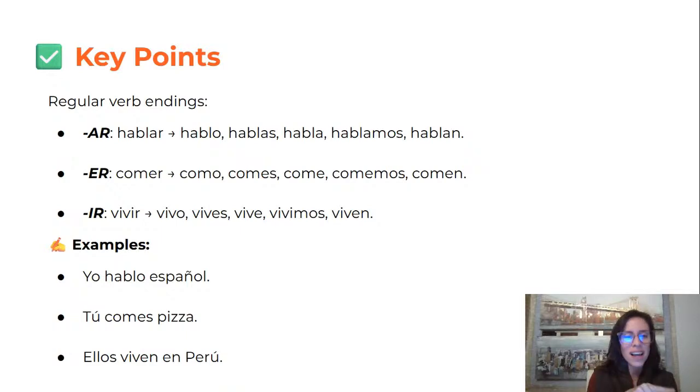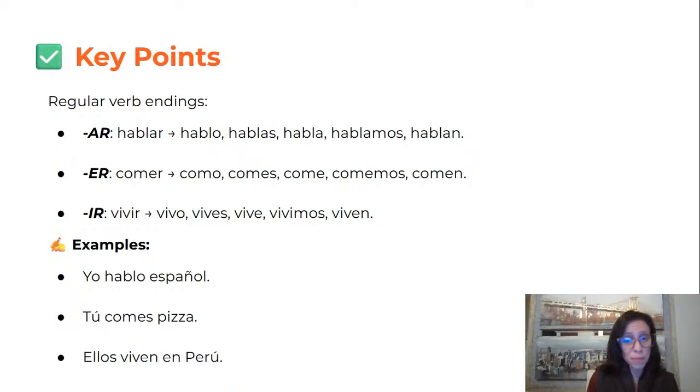Is it hablar, hablo, habla, habla? Yeah, I was going to say the conditions to have a regular AR verb is actually keeping those endings always. Okay. Yeah, that was actually what I wanted to say.